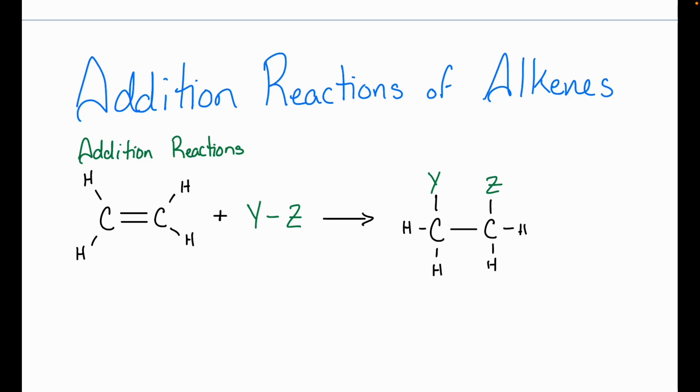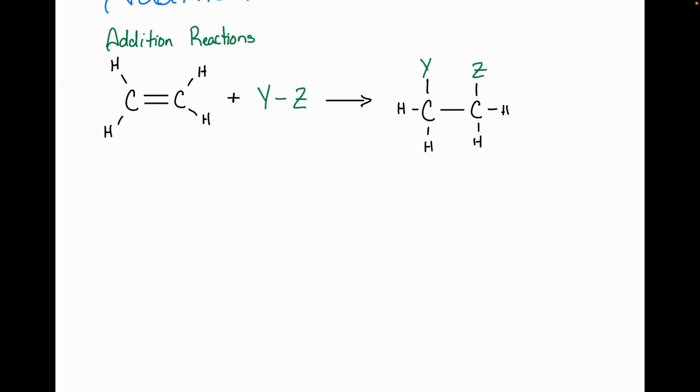Okay, so now we're going to learn about two specific addition reactions. The first one is for a hydrohalogen, HX, where X is one of our large halogens, chlorine, bromine, or iodine.